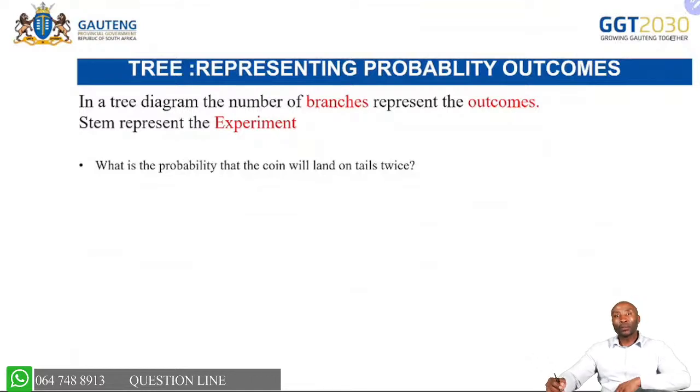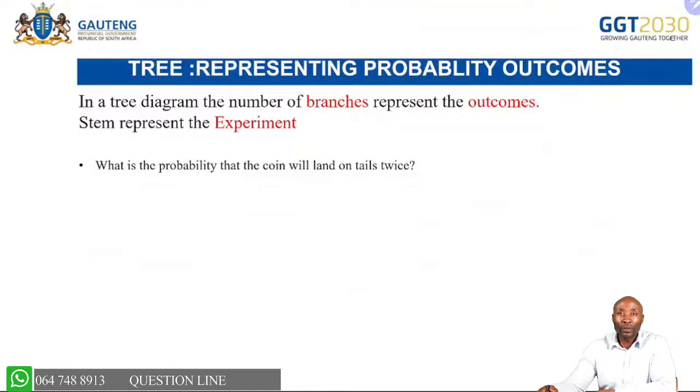Now, we also use a tree diagram to represent our outcomes, where branches represent our outcomes. And we layer out our tree diagram in such a way that the first of the branches represent a particular outcome.